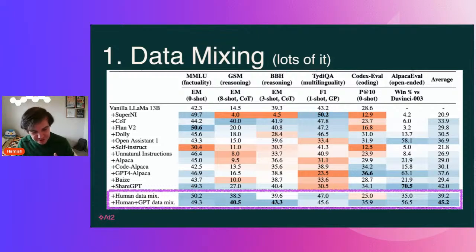However, if you were slightly careful about mixing the data together and balancing your data sources reasonably well, you could then make a data mixture that captured most of the benefits of training on any one particular data set without getting the downside. So this bottom row down here is doing the best on average, and generally speaking is always improving over the base model.